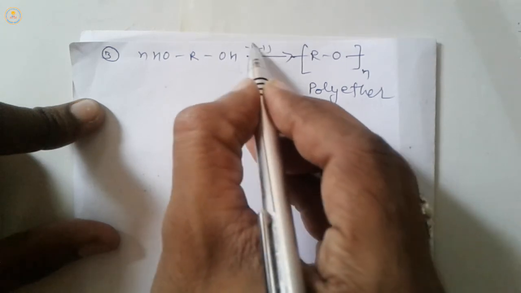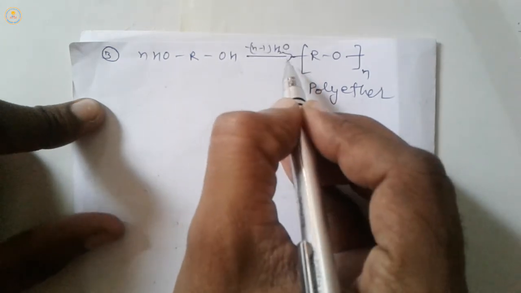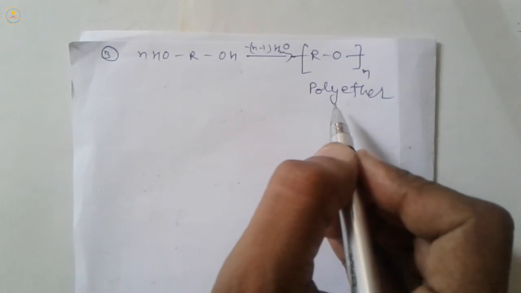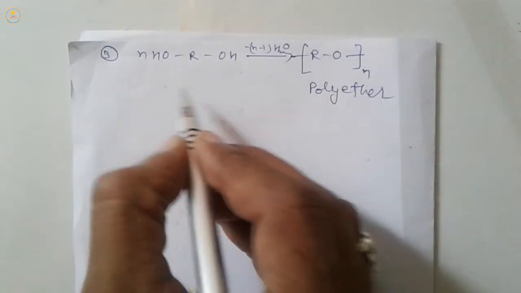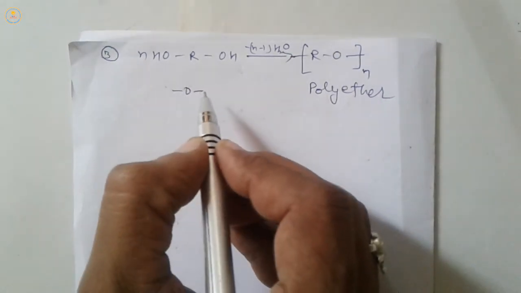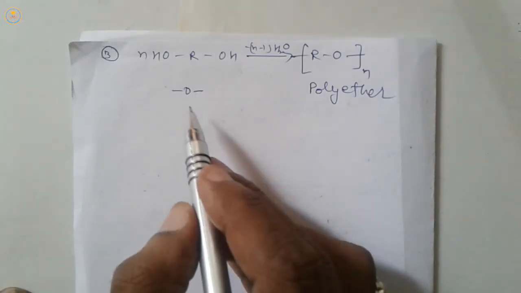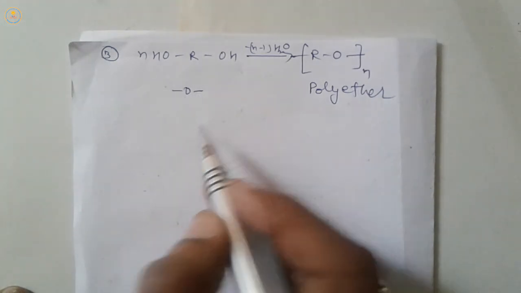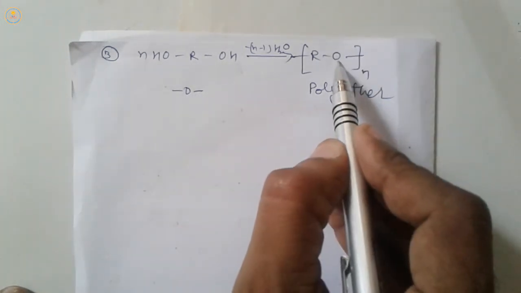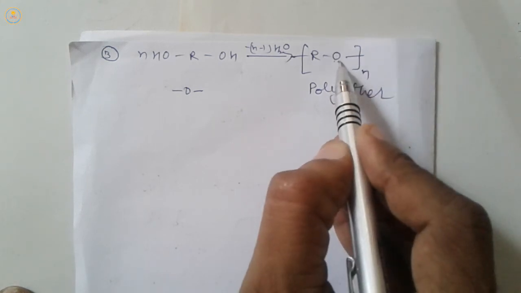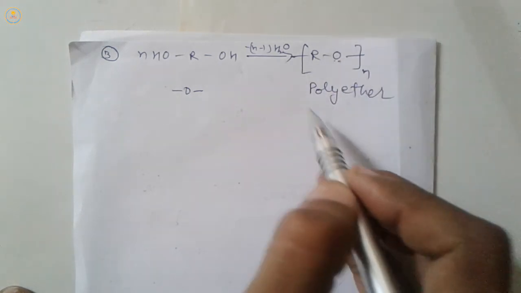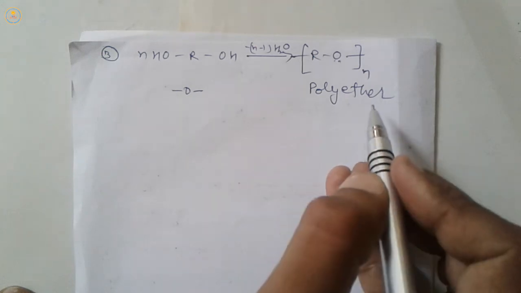Here N-1 water molecules are removed. We know that the functional group of ether is bivalent oxygen. So many ether functional groups are present in this polymer. So it is a polyether polymer.